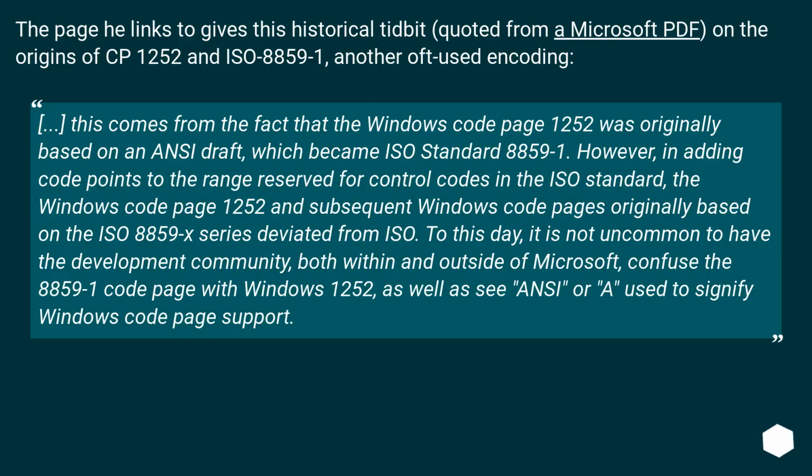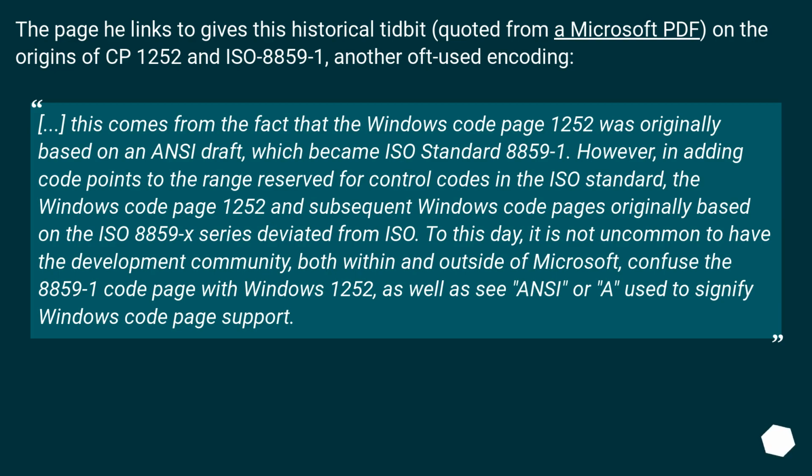The page he links to gives this historical tidbit, quoted from a Microsoft PDF, on the origins of CP1252 and ISO 8859-1, another oft-used encoding. This comes from the fact that the Windows code page 1252 was originally based on an ANSI draft, which became ISO standard 8859-1.